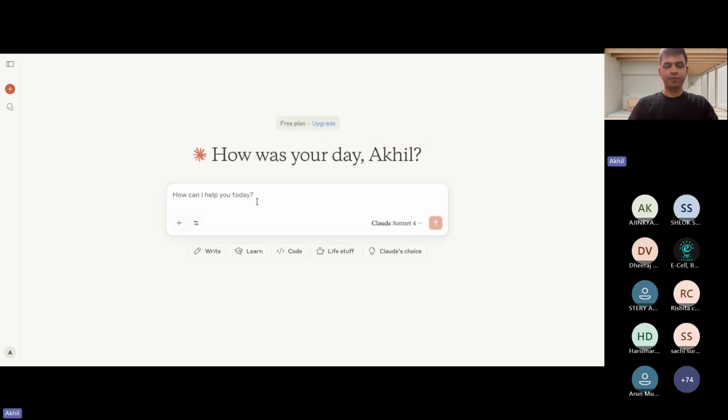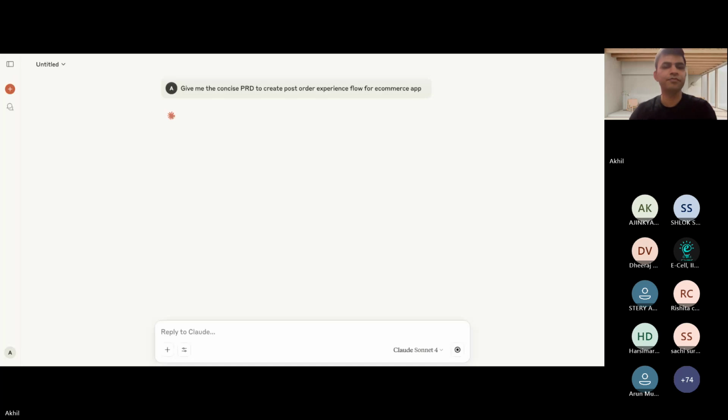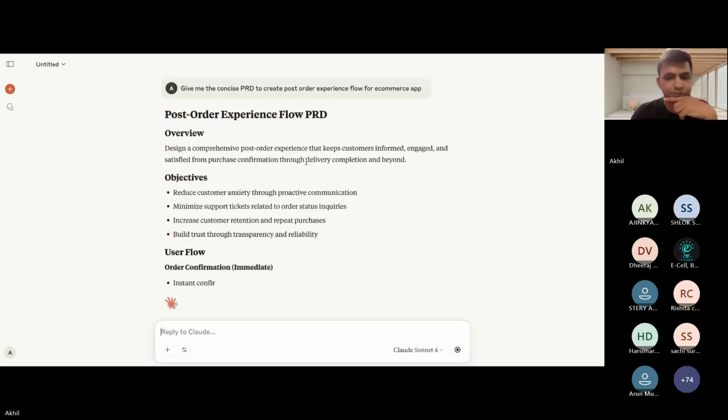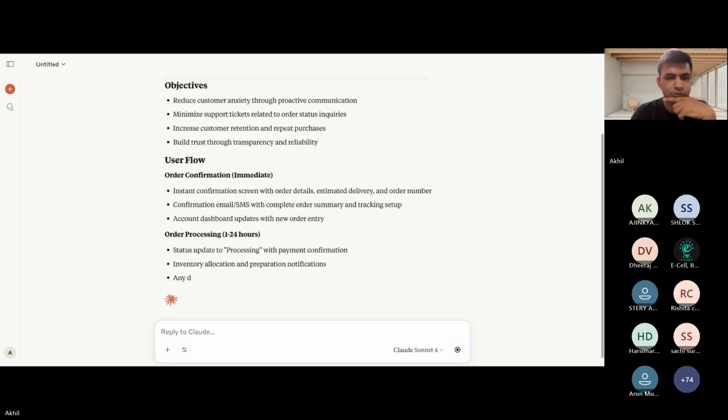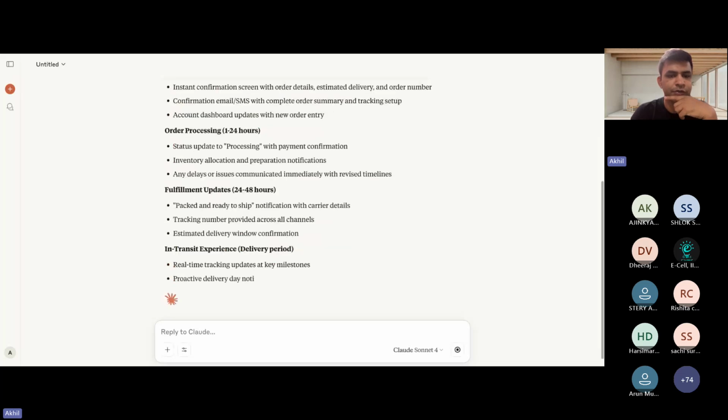Now let me create. Give me a concise PRD to create a post order experience flow for an e-commerce app. Okay, let's take this. Order processing, fulfillment updates, in transit.